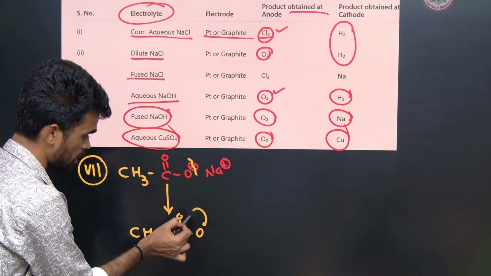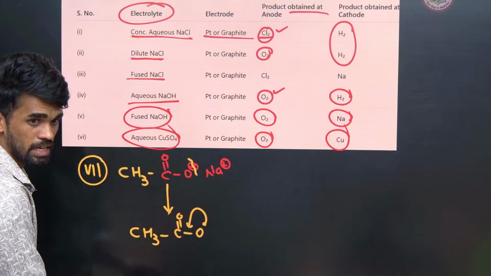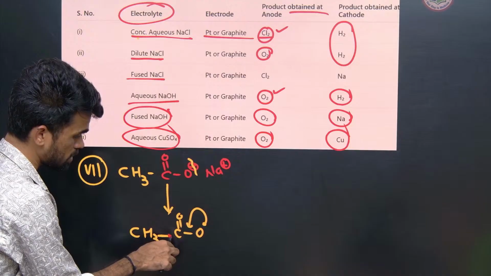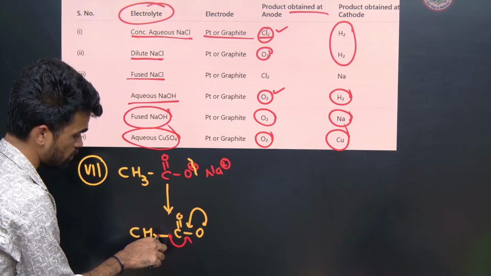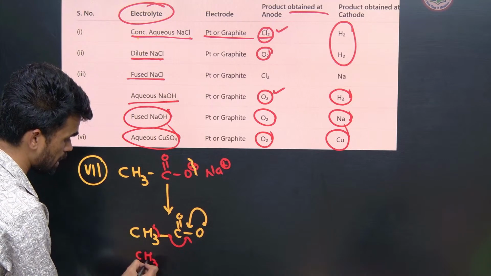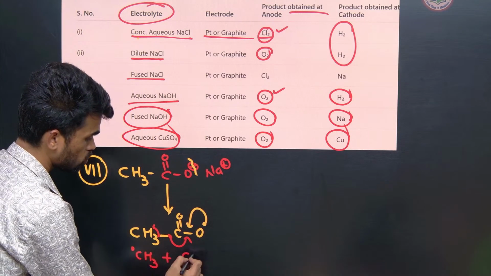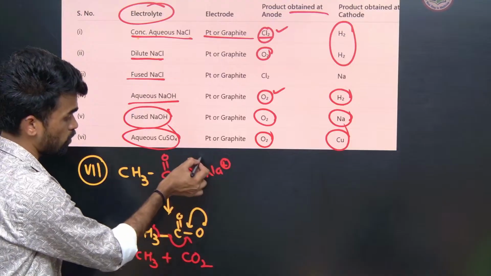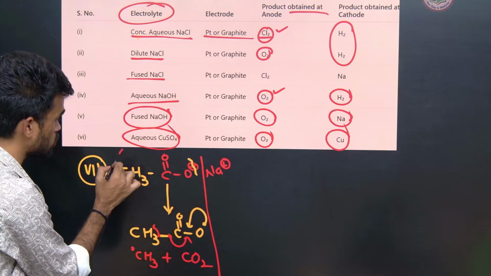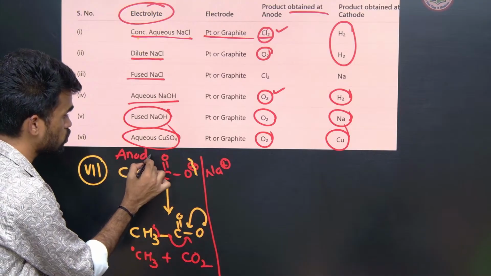After this it will come to this side, because radicals are highly unstable, and out of these two electrons one electron is taken towards itself and one will stay with this methyl group. Now we have methyl radical, and CO2 gas is released. At what electrode? Anion I have taken, so at anode you should consider.